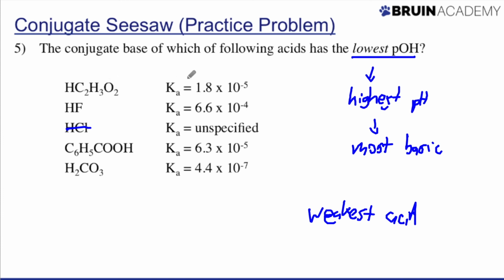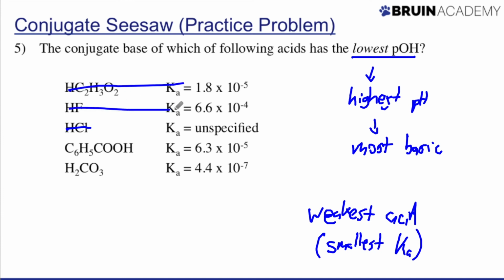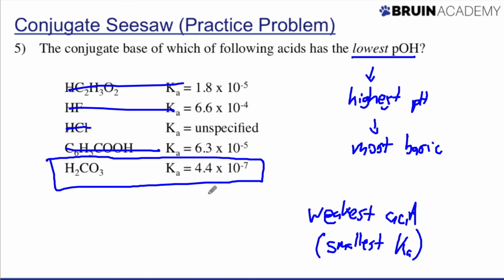And basically the Ka value is a measure of how much an acid dissociates, and thus it's a measure of the strength of the acid. And so essentially we're looking for the Ka that's the smallest value. So smallest Ka. And so the smallest Ka, it's not going to be this one, not this one, but rather the last one, H2CO3. So the conjugate base of this guy would have the lowest pOH, highest pH, and be the most basic.